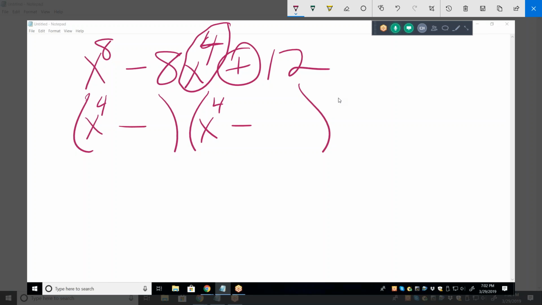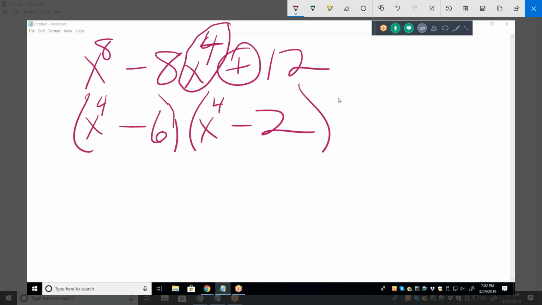And what are the best factors for 12? 4 and 3. Does that produce 8 in the middle? No. Okay, then it's not 4 and 3. Oh, 6 and 2. In other words, if it's not the two closest ones, try the next two closest ones. And that does produce minus 8x to the fourth in the middle.